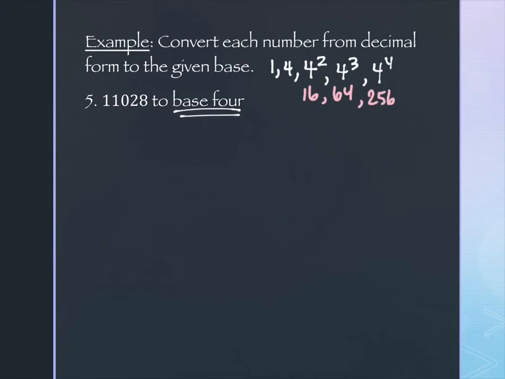What I'm doing is I'm going to keep listing them out until I get something that is the biggest thing that goes into 11,000, or maybe something that's too big to go into 11,000, which clues me to stop. So I'm going to keep going for a little bit because the numbers are not close enough yet. 4 to the 5th is 1,024. We have 4 to the 6th.